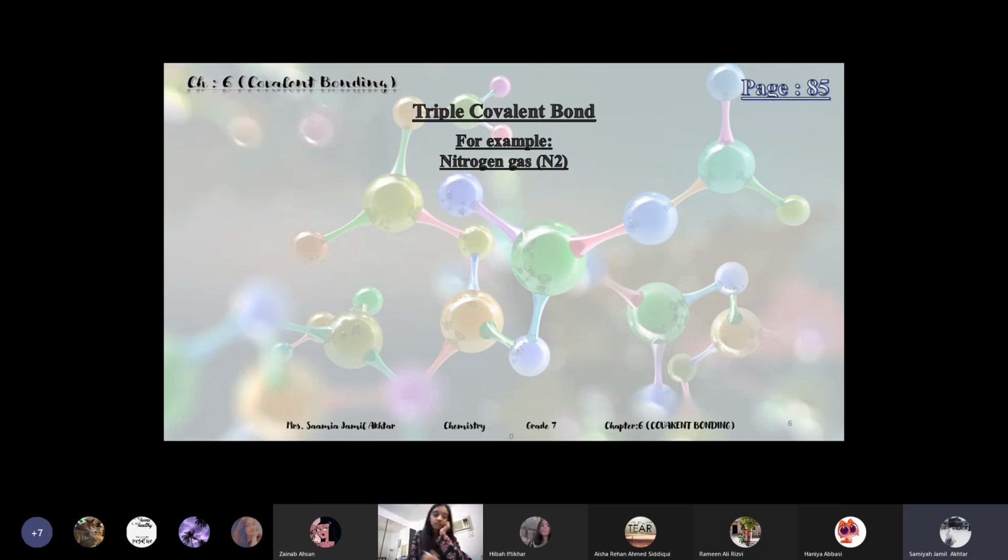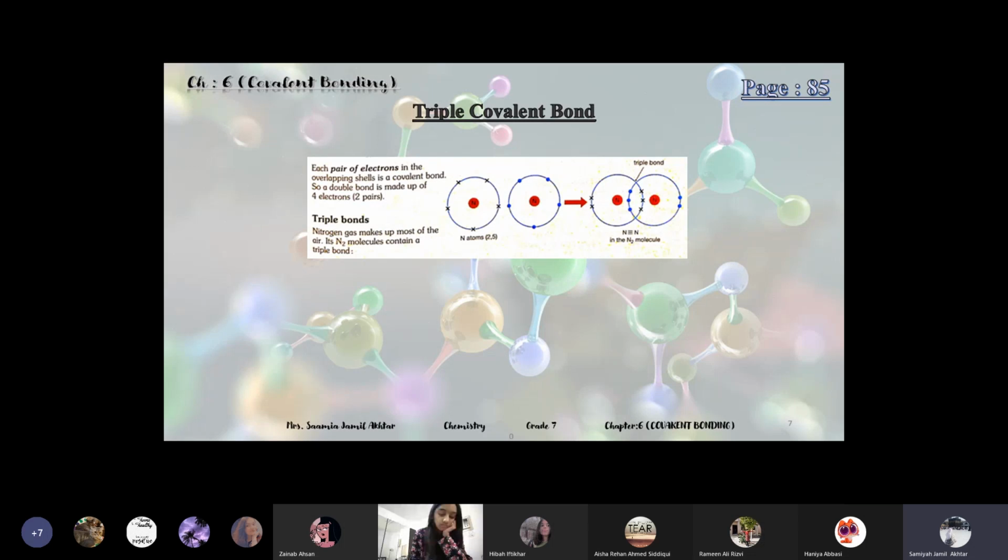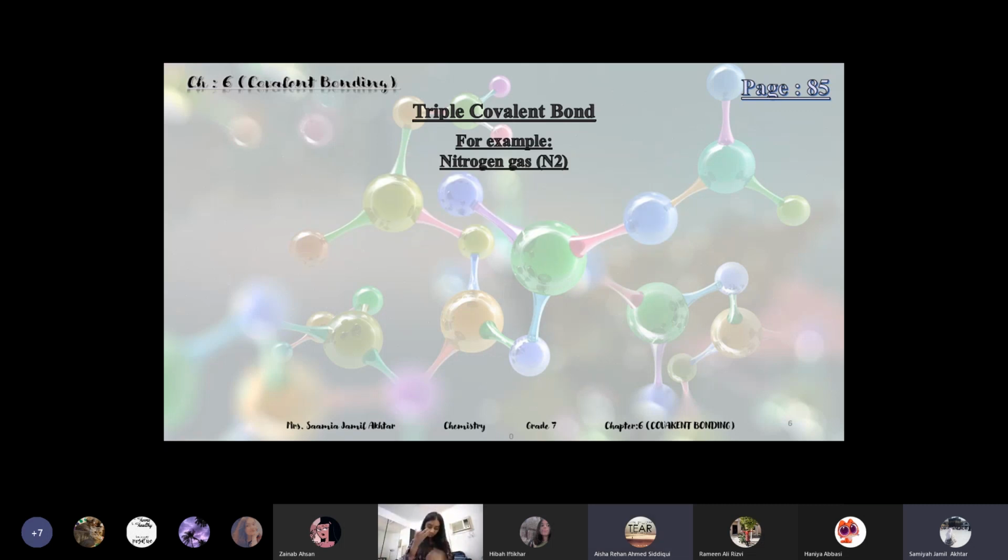In your book also there is an example of nitrogen gas. See this page, triple bonds, and the example of nitrogen gas, the N2 molecule, is given. Two nitrogen atoms will come together and they will form a triple covalent bond. Let's see how they will form a triple covalent bond.